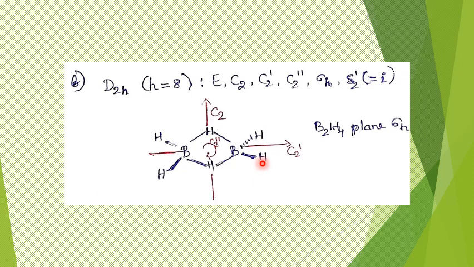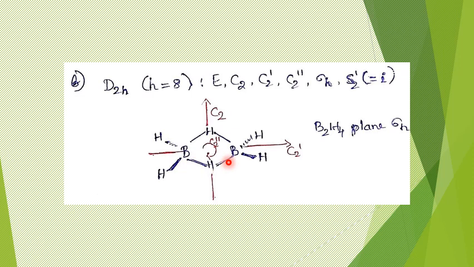So these all are in one plane. And then these two will be perpendicular to that plane. These 2 hydrogens, if you know the bonding in diborane, are 3 center 2 electron bonds, or banana bonds. One banana bond is above the plane, the other is below the plane. That is in fact the structure of the molecule.